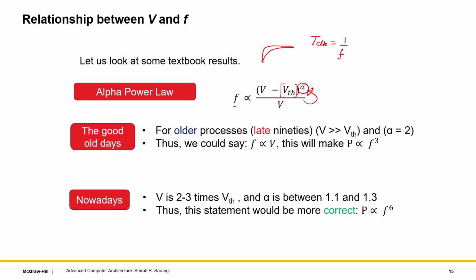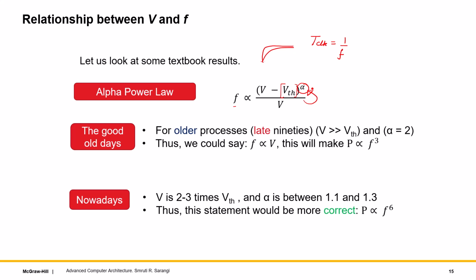In the older processes, which was late 90s, roughly 25 years from now, it was easy to solve these transistor equations. So you could say that alpha is roughly equal to 2. Then if you ignore the threshold voltage, the frequency would roughly become proportional to the voltage.